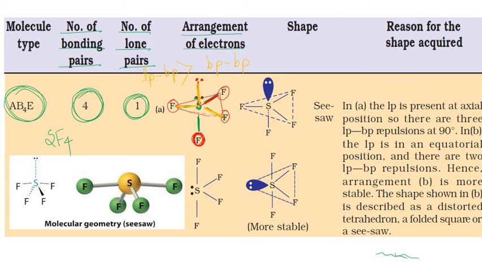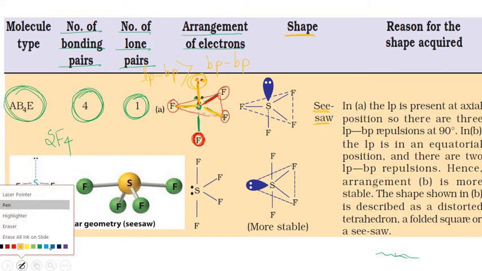Is it clear? And because of the presence of this lone pair, the shape will be seesaw. The shape will be what? A seesaw, right?